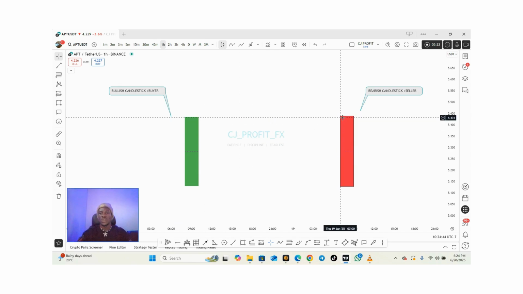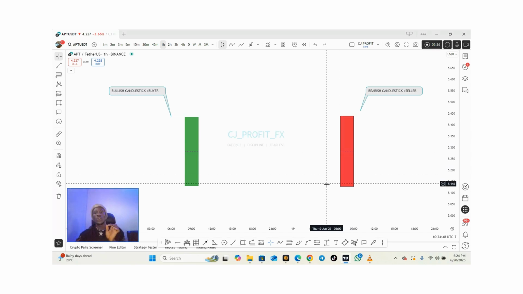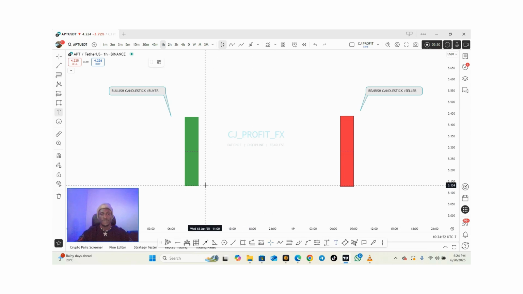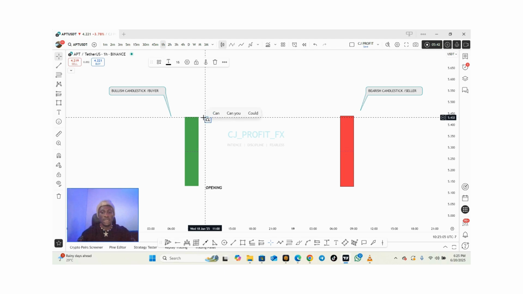Why does this bearish candlestick open at the top? Because it's going down, and it closes at the bottom. At this point, let me label it first. This is the opening price of this particular candle, and this is the closing price of this particular candle.